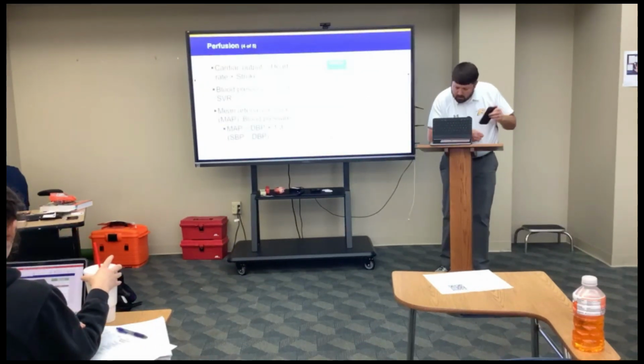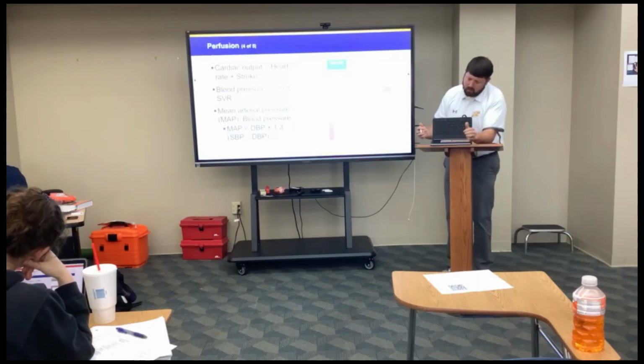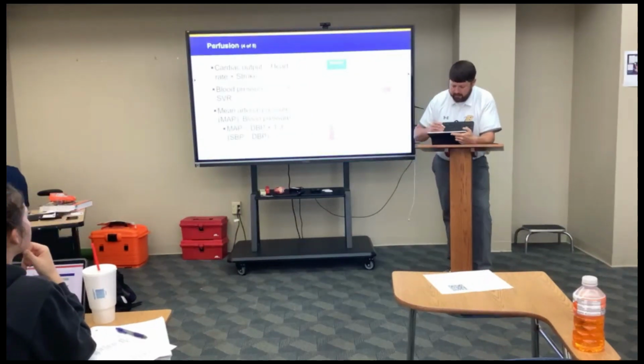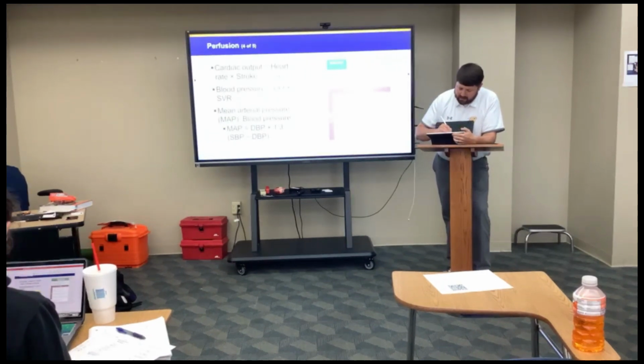So I got about 93, and so with a blood pressure of 120/80, which is what we would call normal, our MAP is going to be around 93.